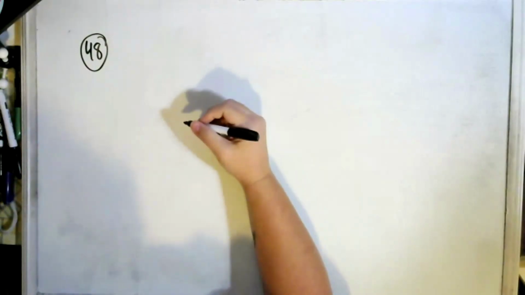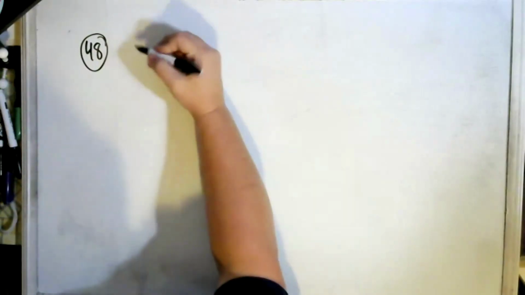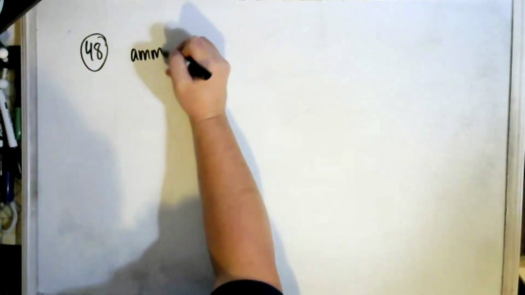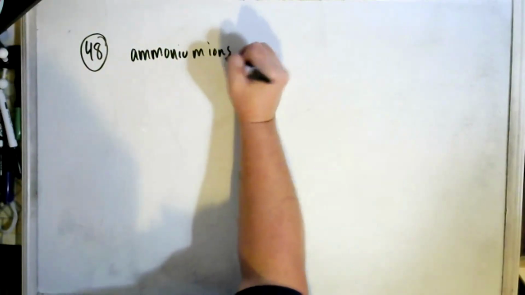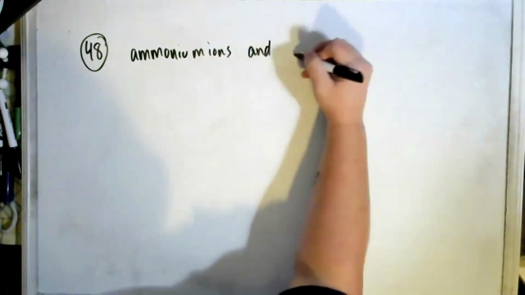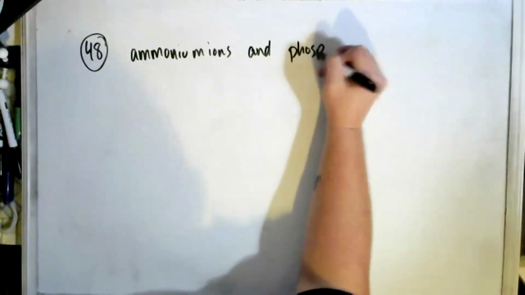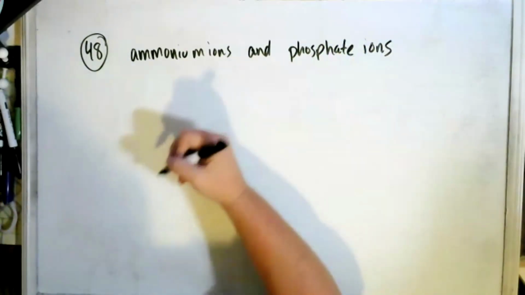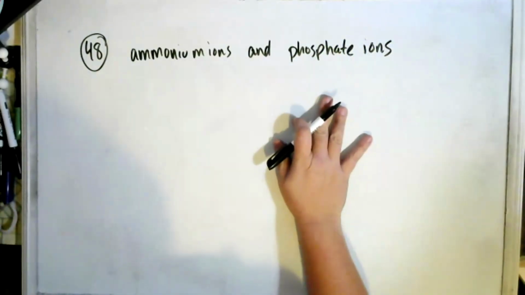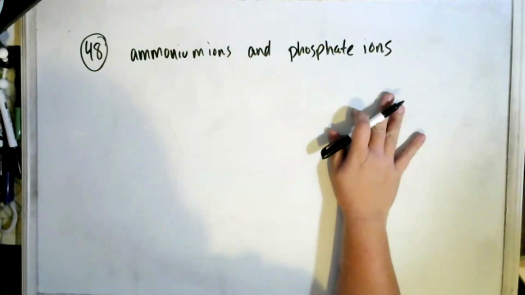Next question says, write the formula for a compound that contains ammonium ions and phosphate ions. All right, so for these, you need to look up the formulas for each type of ion.